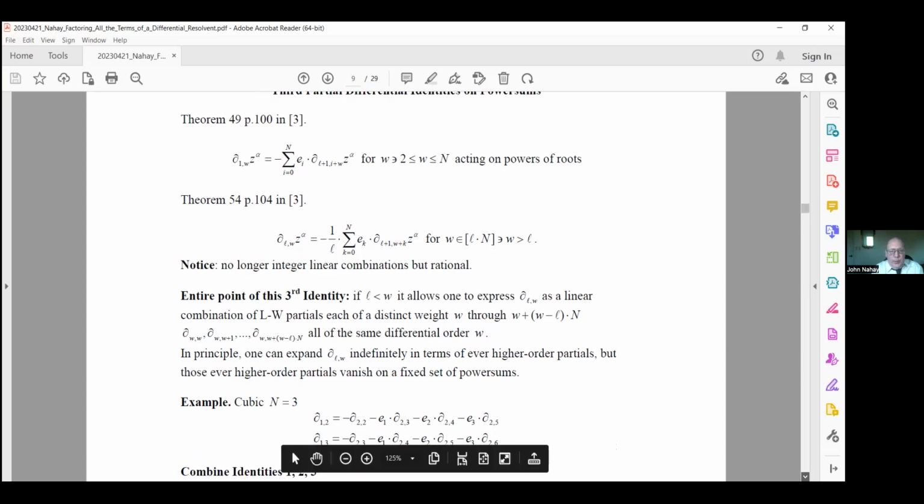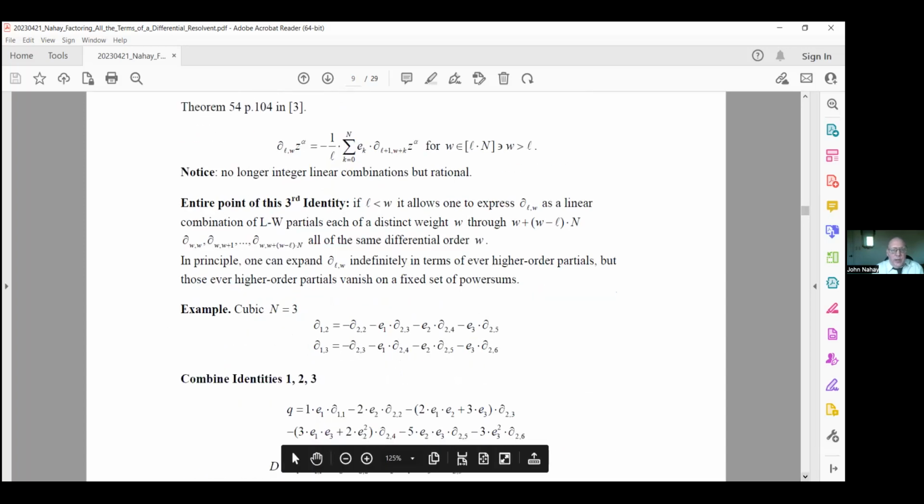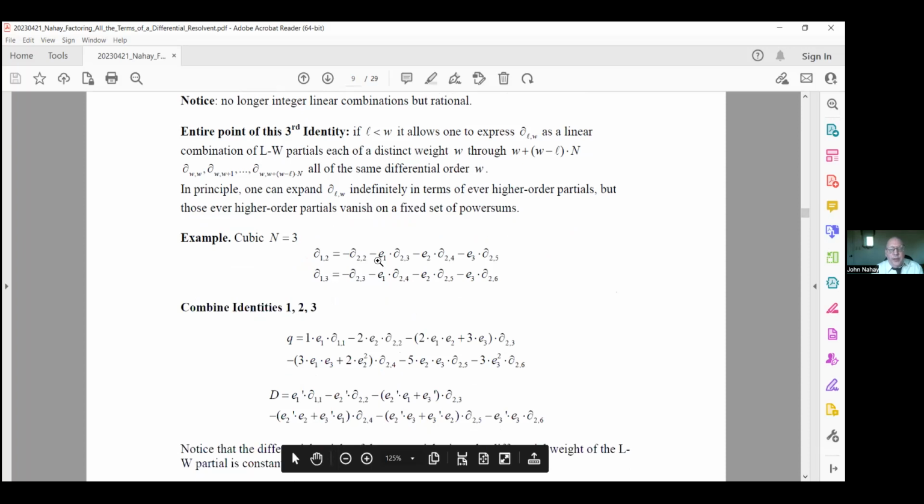So for the cubic, here it is. Here's del 1,2, del 1,3 expanded in terms of the order 2 partials. And so if we combine the previous identities, here's what Q is for a cubic, expanded.